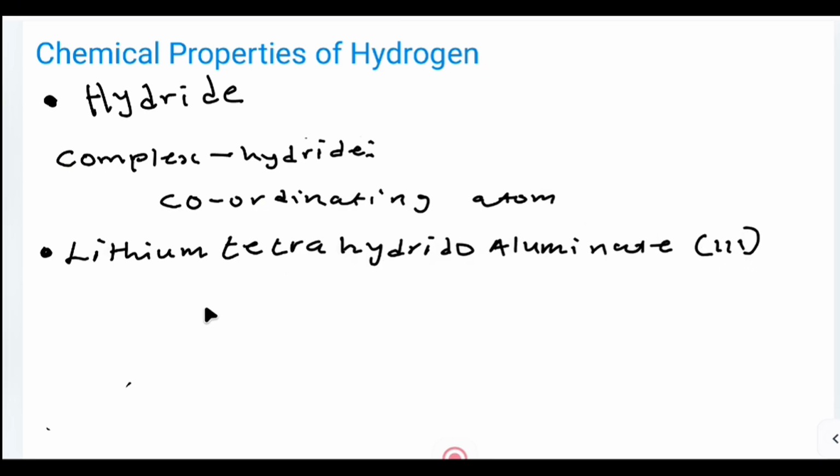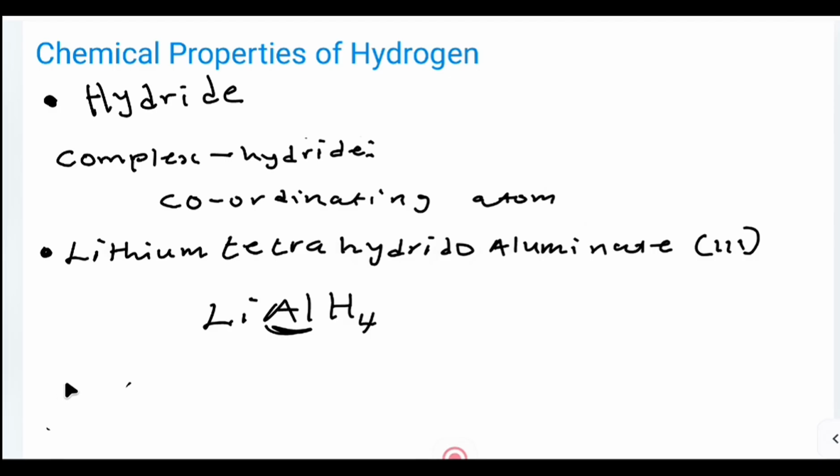Okay, the formula is LiAlH4, lithium aluminum tetrahydrido aluminate(III). So in this compound, aluminum is the coordinator. Okay, aluminum is the coordinator. And this compound is a common reducing agent in organic chemistry.